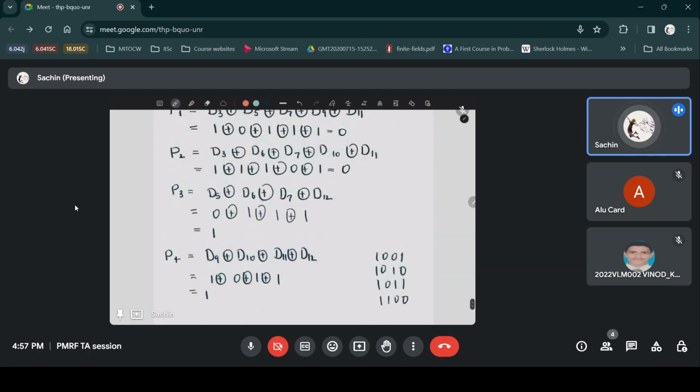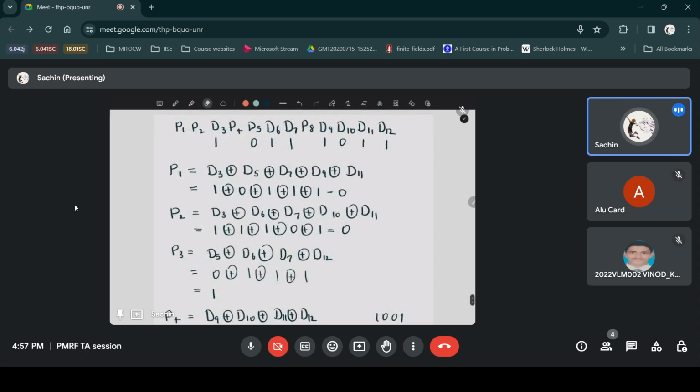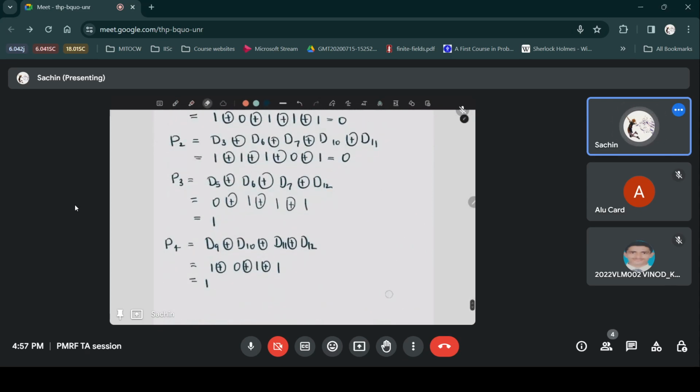So the bits are 0 0 and 1 1. These are the parity bits. Then you write the entire number in the given order.